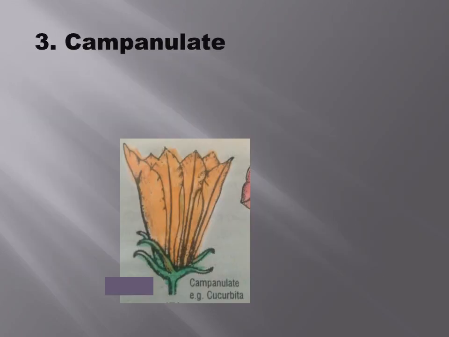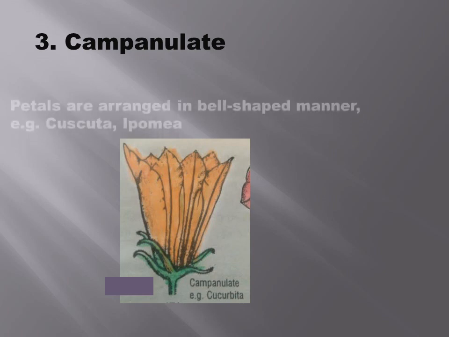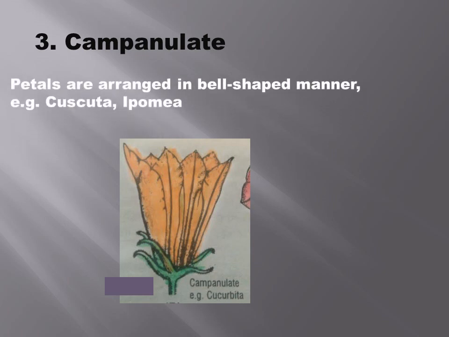The third type is campanulate. In the campanulate form of corolla, petals are arranged in a bell-shaped manner. So these are the bell-shaped petals. For example, in the Cucurbita flower or the Ipomoea flower, the campanulate type of corolla is present. In this image, you can see the campanulate corolla present in the Cucurbita family.